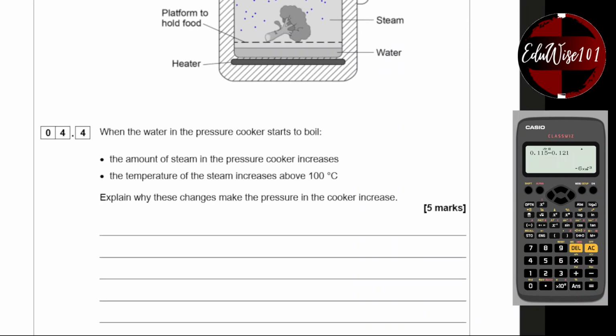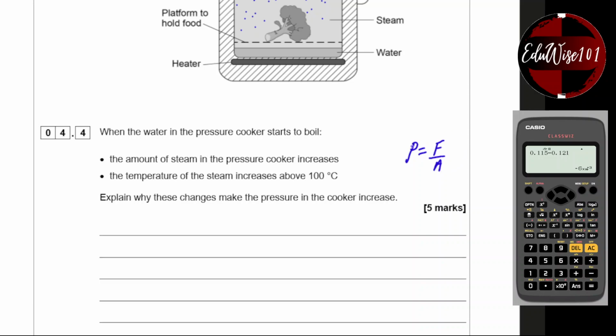Explain why these changes make the pressure in the cooker increase. So why would it increase the pressure? Remember, pressure equals force over area. So we need to start off from the equation. Pressure equals force over the surface area. Now the area is basically the area of the walls of the container, and that area is not going to change.